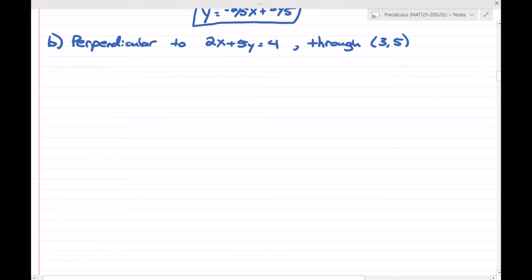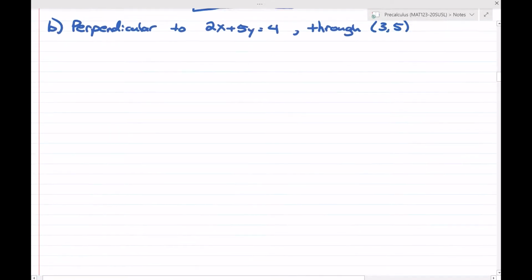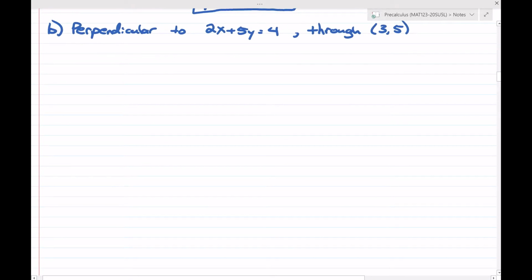Now what we would do in this case is we would find the slope, just like we usually do. We already found it, but we could find it again. The easiest way to do this is to get the y by itself. So 5y is equal to negative 2x plus 4. Divide everything by 5. And you'd get y is equal to negative 2/5 x plus 4/5.